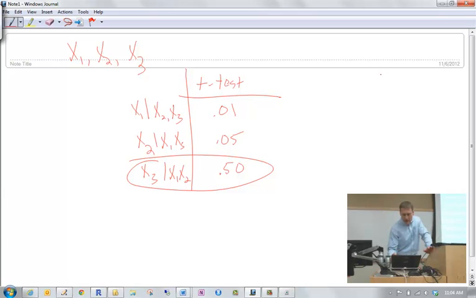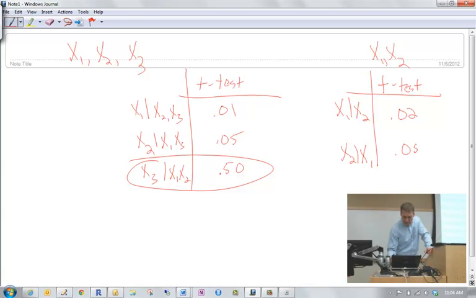So then we go to the next step, where we look at a model that has x1 and x2 in it, and again we set up some t-tests, and we look at x1 given that x2 is in the model. We look at x2 given that x1 is in the model, and suppose we get p-values such as this. Which variable is the least important according to a t-test criteria? x2.